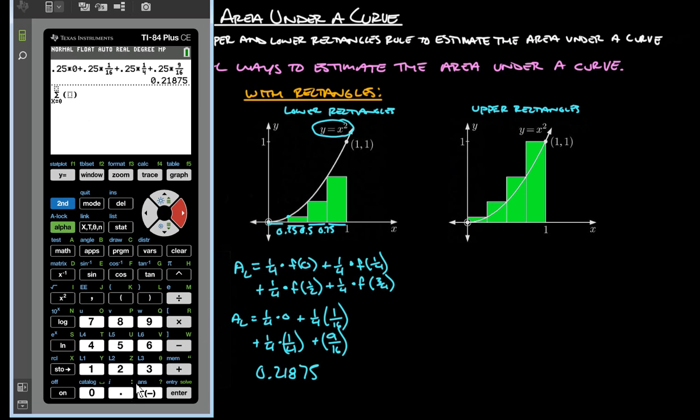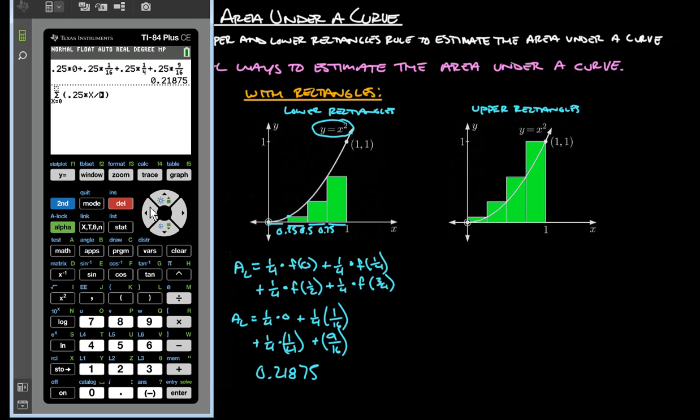Okay, so we're multiplying by the height, 0.25, right? And then we're going to multiply by 0 quarters, 1/4, 2 quarters, and 3/4, right? So x is going to be our variable, and we're going to divide it by 4. So we could do x divided by 4 like this, and that should work out fine.